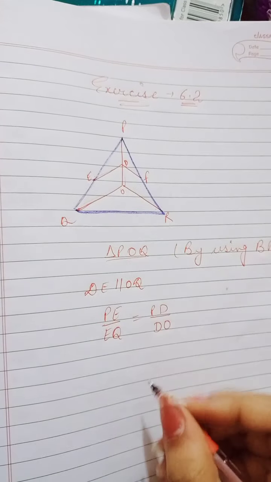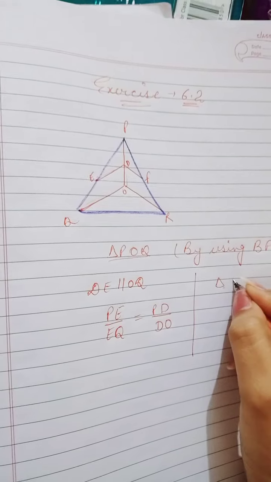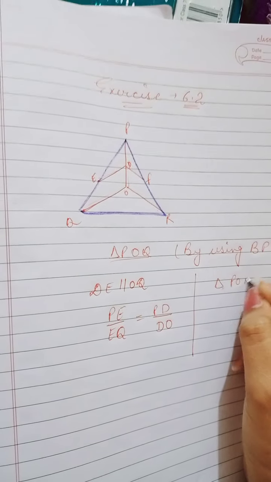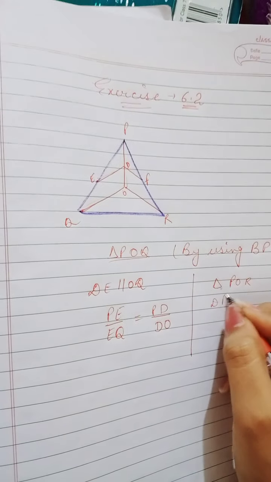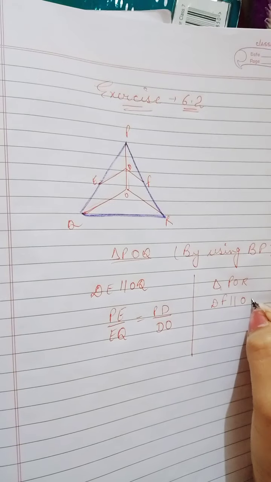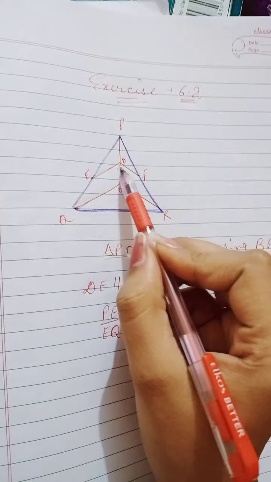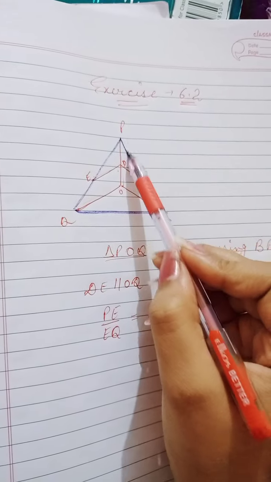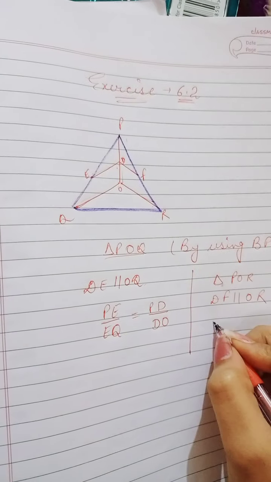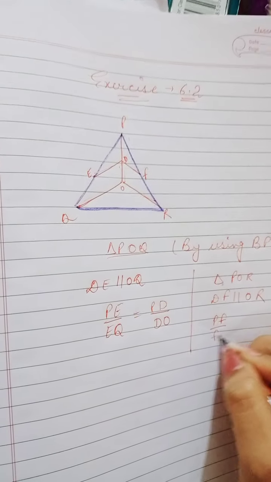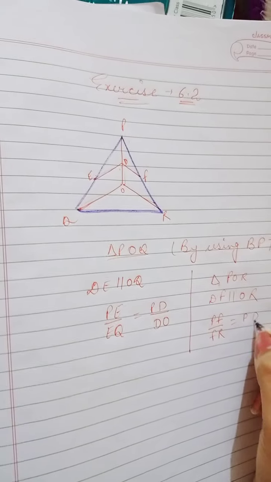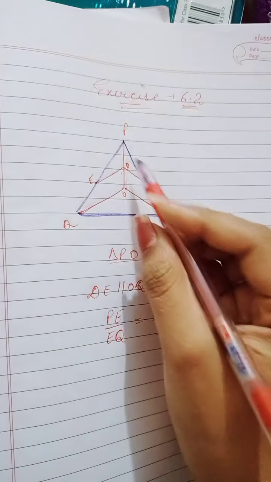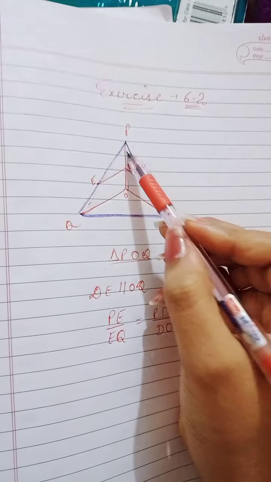Right? So in triangle PQR, by using the basic proportionality theorem, DF parallel to QR is given to you. This is parallel to this. So now you can say PF upon FR is equal to PD upon DQ.